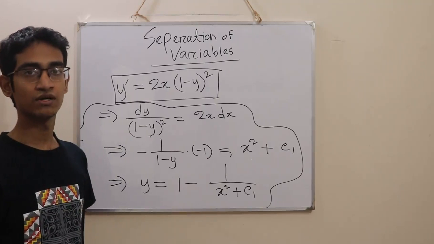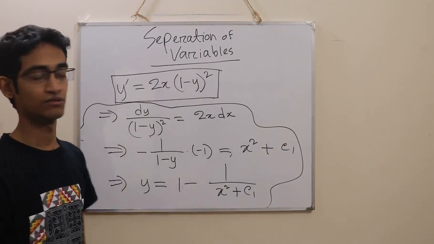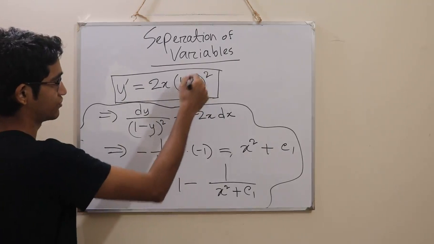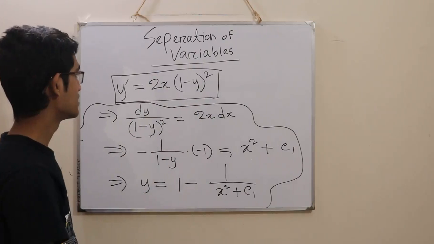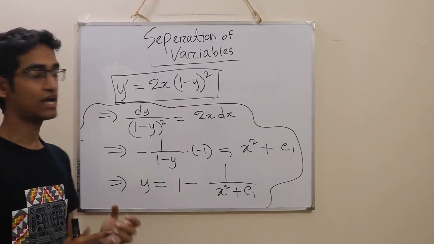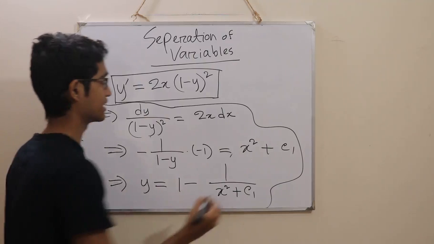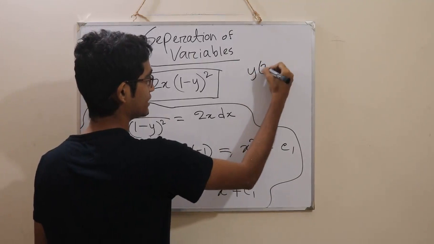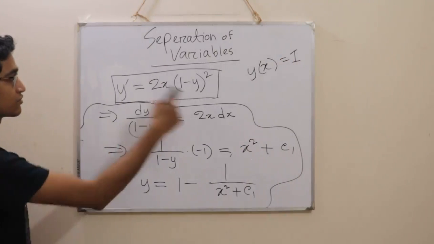So if we can somehow set y equal to 1, this whole side becomes 0, because 1 minus 1 equals 0, 0 squared is 0, so twice x times 0 is 0. And if y is equal to 1, then y is a constant, and the differentiation of a constant is 0. So it means that if y for any x is a constant 1, then this equation will be satisfied.